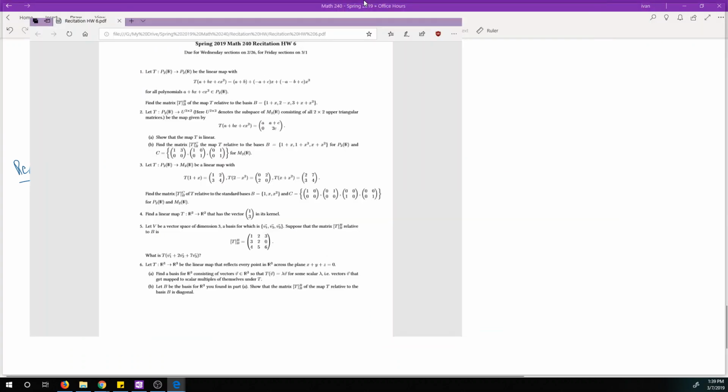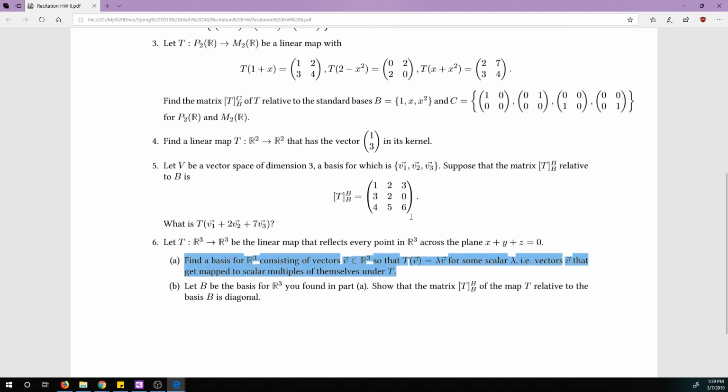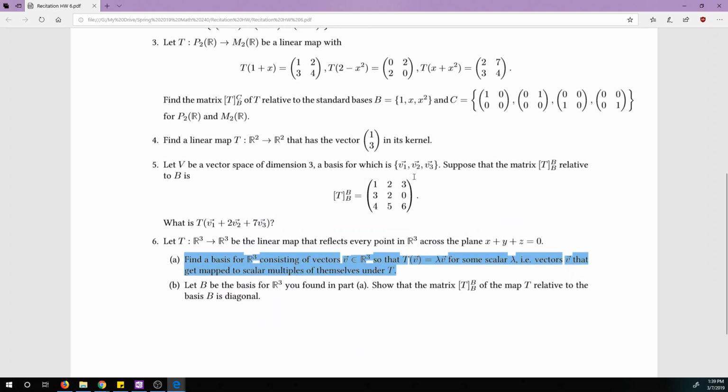So this is what we found for recitation homework 6, right? We literally told you to find a basis of eigenvectors. And what you should have realized was that there were two vectors in the plane, and then the normal vector, I think, was the basis.